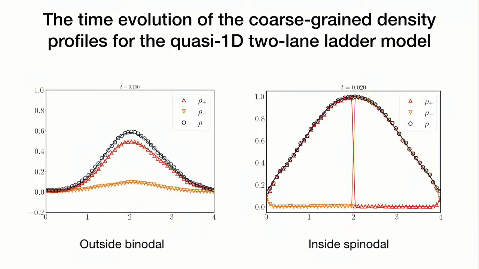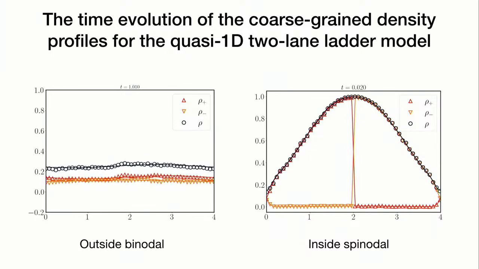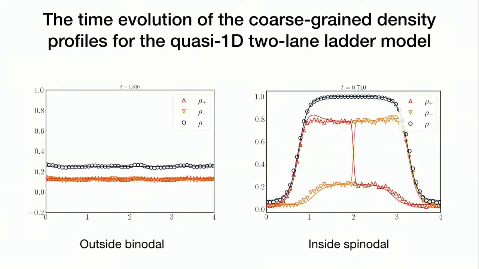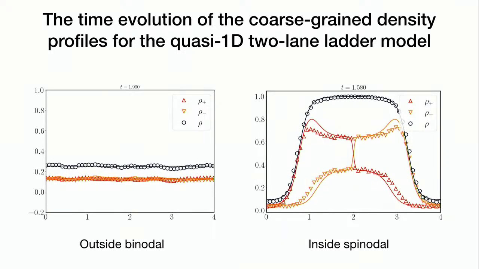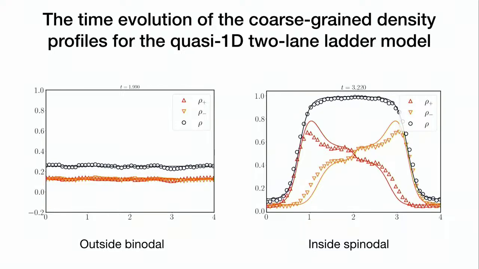You see that if you start with some profile, finally this goes to this separated state. Outside this binodal it goes to the homogeneous state, and inside this spinodal it goes to this phase separated state. These lines are the evolution of the noiseless hydrodynamic equation, and these points are the simulation of the microscopic model, and they follow nicely.